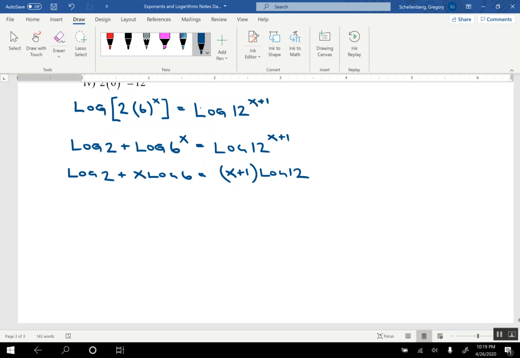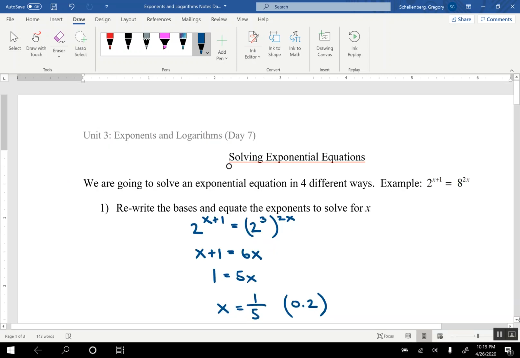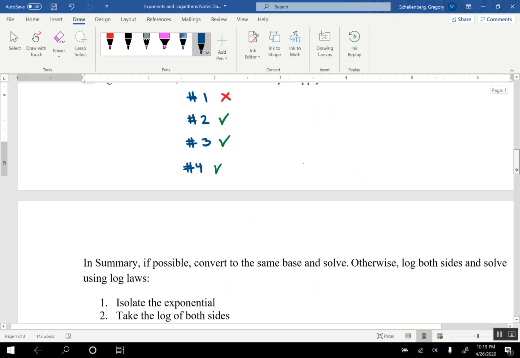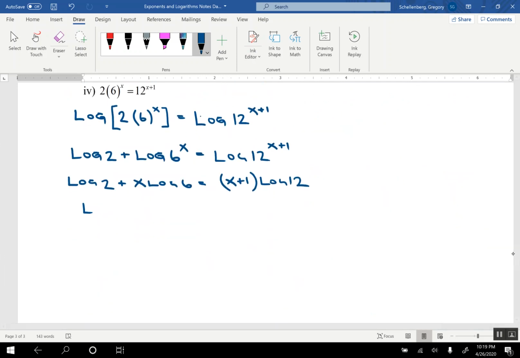Okay, from here we'll expand the right-hand side. So the left is unchanged in this step. So we got the log of 2 plus x times the log of 6 is equal to, now we're going to get x log 12 plus log 12.